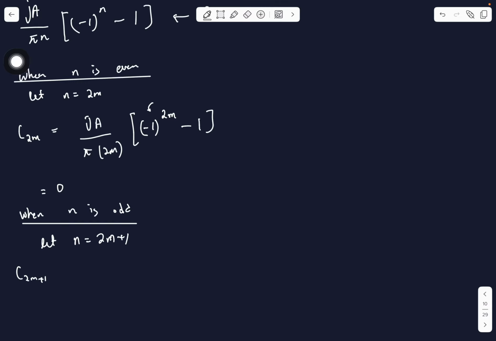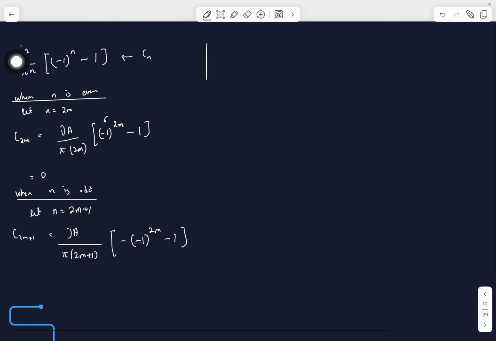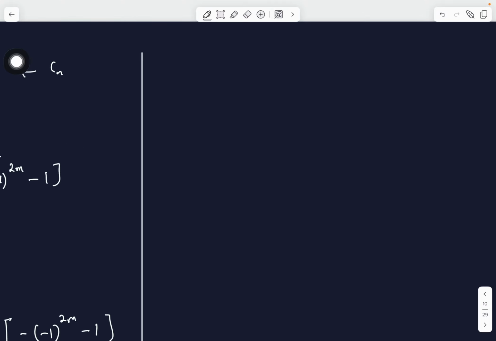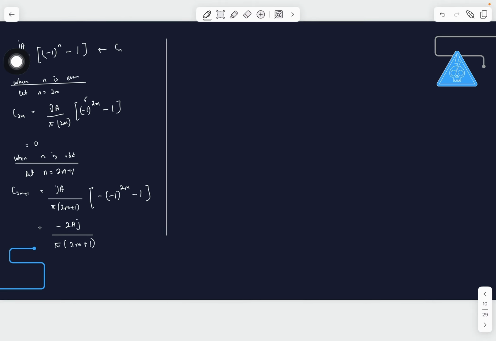So C 2m plus 1 will be JA over pi 2m plus 1, minus 1 to the power of 2m plus 1, meaning minus 1 to the power of 2m minus 1. This will be 1, then minus 1 will be minus 2, so minus 2aj over pi over 2m plus 1. So for the summation we can say that Cn is C 2m plus 1, and we can substitute this in the summation instead.